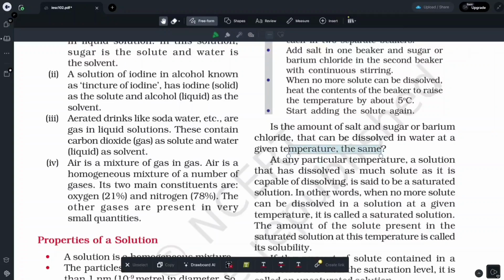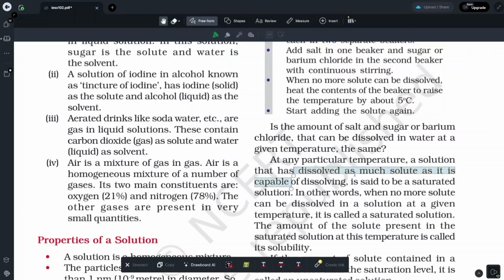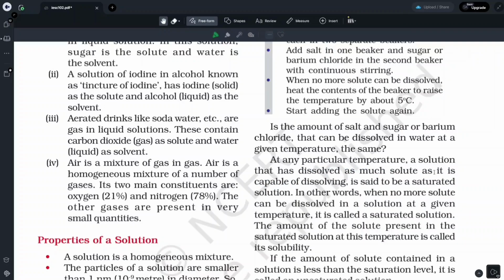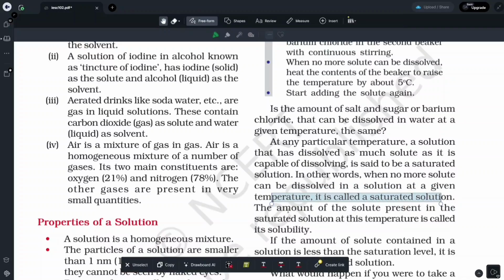At any particular temperature, a solution that has dissolved as much solute as it is capable of dissolving is said to be a saturated solution. In other words, when no more solute can be dissolved in a solution at a given temperature, it is called a saturated solution.